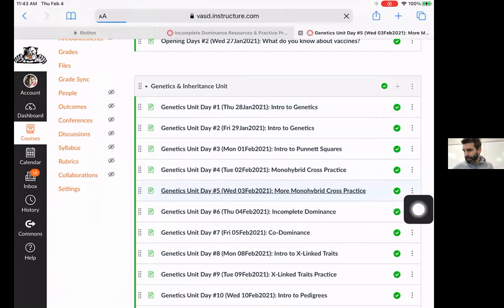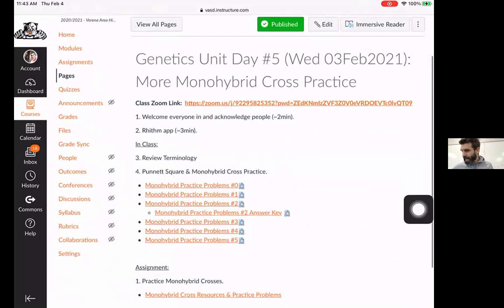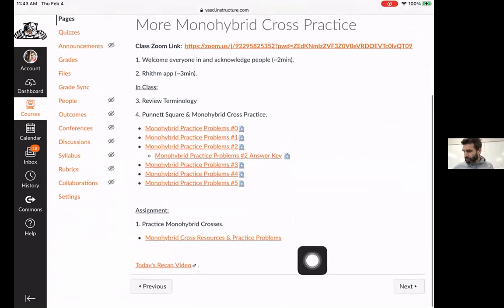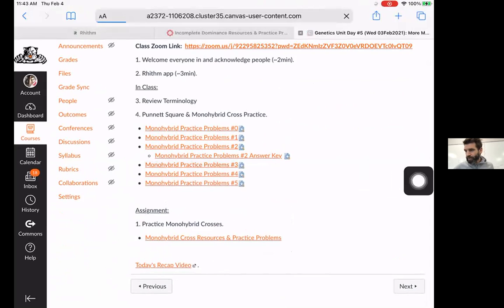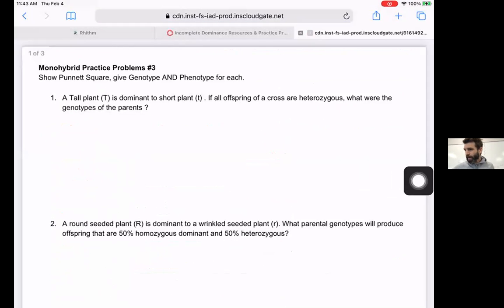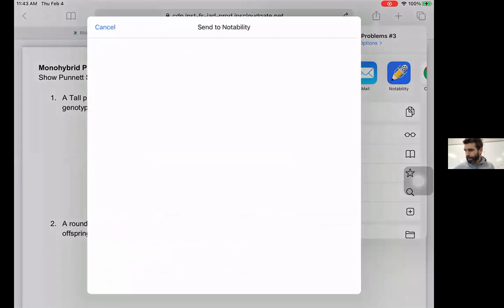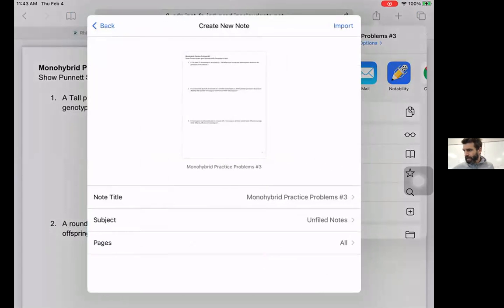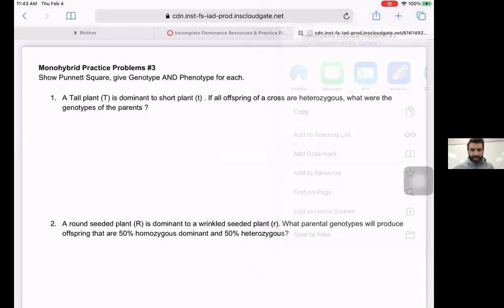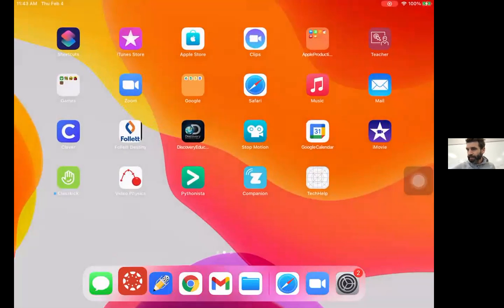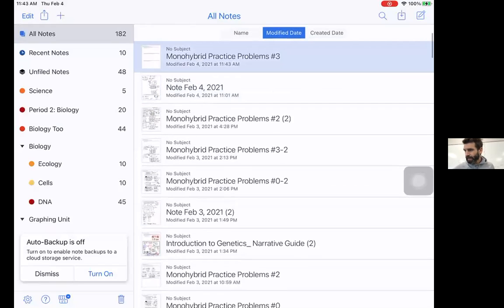You can see that I gave an answer key to problems 2, and I even created a little recap video where I go over some of that material. But here, let's try practice problems number 3. I think a few of these are similar to what's going to be on the test. So I'm going to send this out to Notability really quick. I'm going to create a new note, import it, and then head over to Notability and take a look.